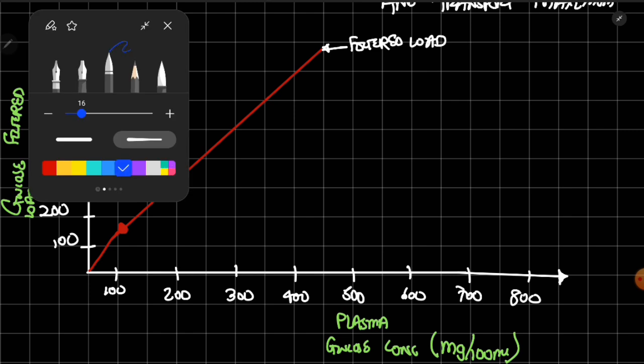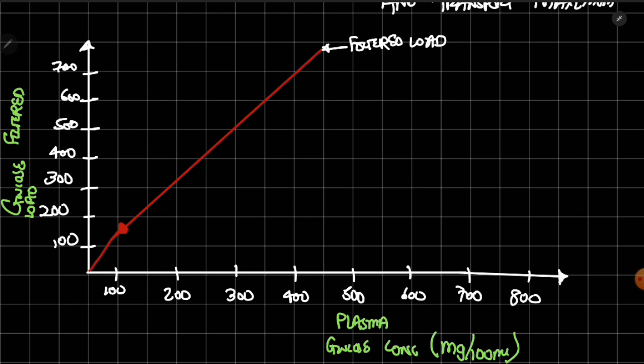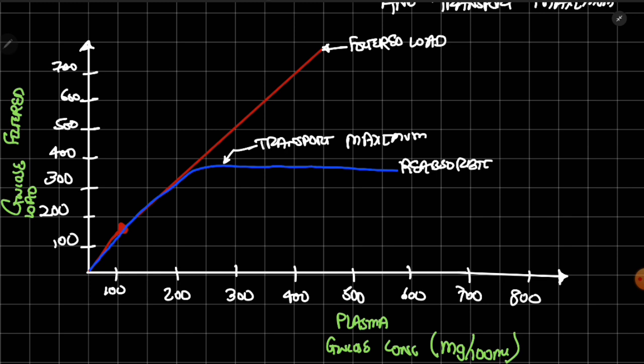If we start from 0 and go till 375, the transport maximum comes. This is the reabsorption of glucose. The graph is expected to be like this, but we observed that around 200 the excretion of glucose takes place.